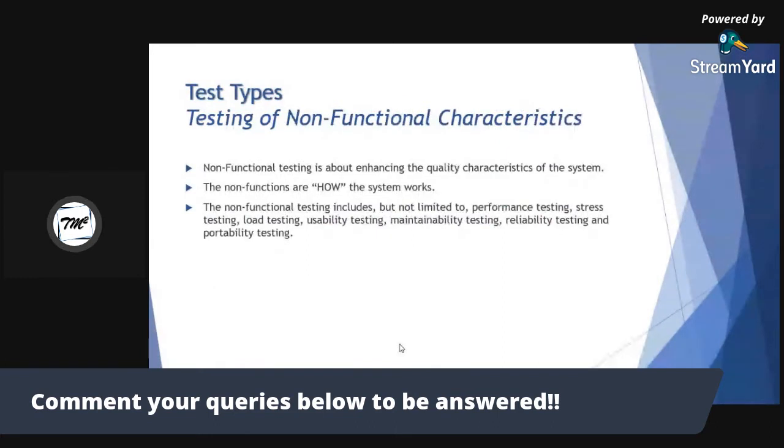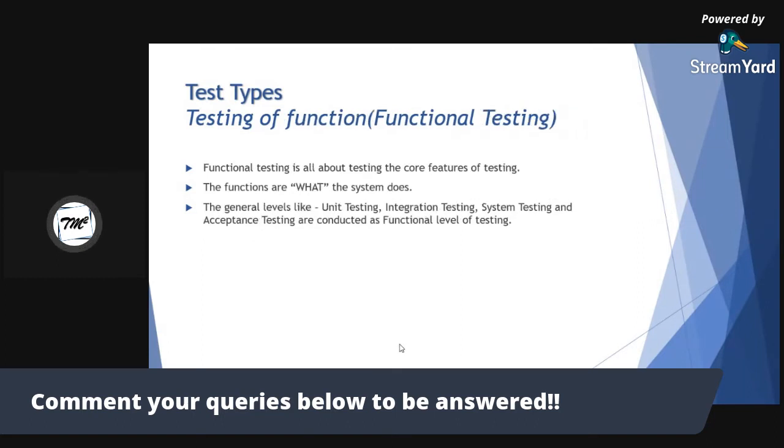Talking about functional and non-functional differentiation, of course, the differentiation varies from people to people, and of course, organization to organization, depending on the product. Generally, we say that functional testing is to determine what a system must do, and non-functional characteristics are generally to determine how it should behave.